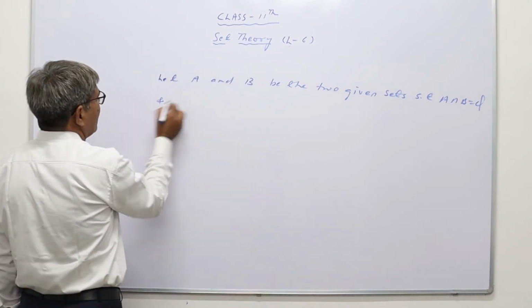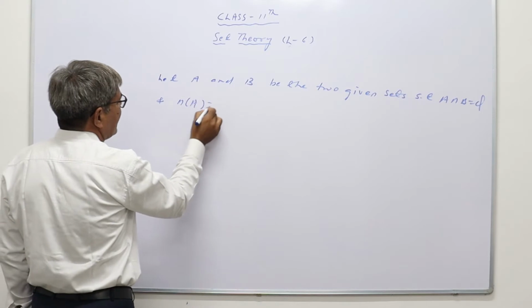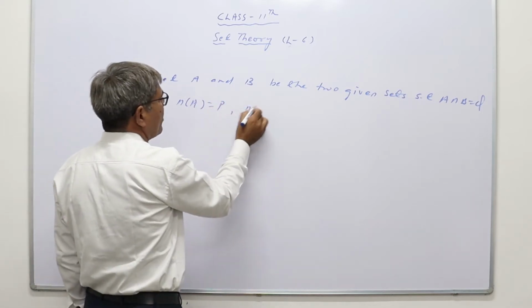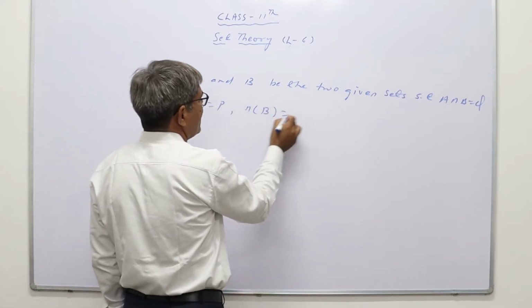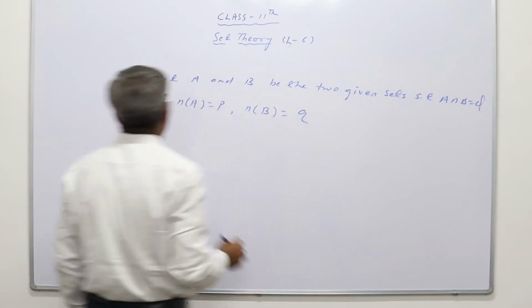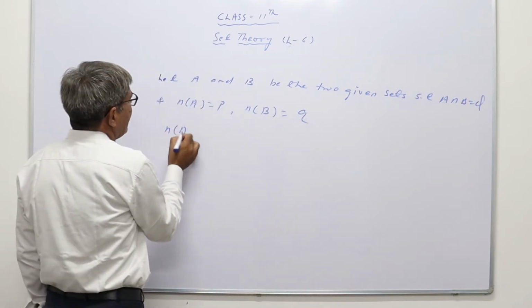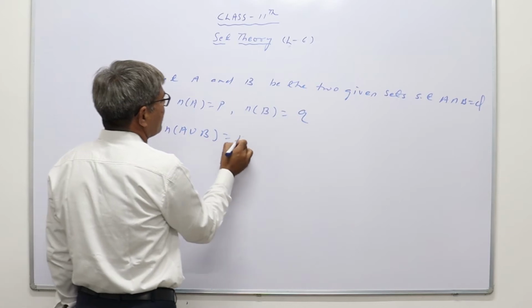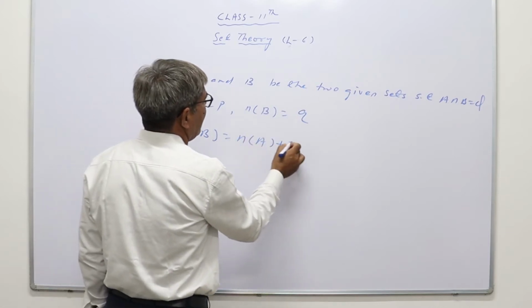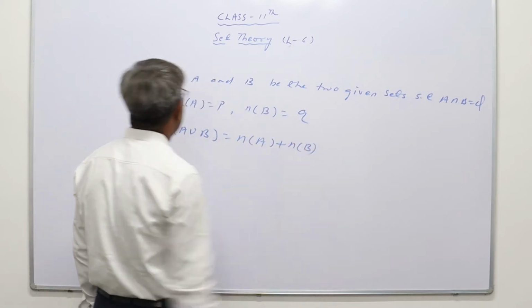and the number of elements in set A is equal to P, the number of elements in set B is equal to Q, then n(A union B) is equal to n(A) plus n(B).